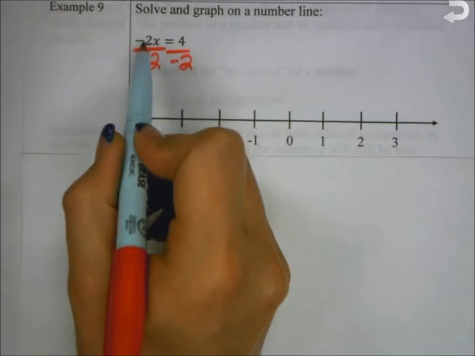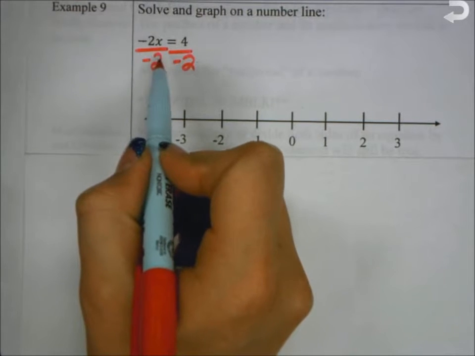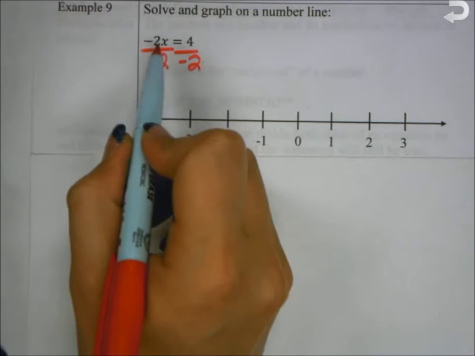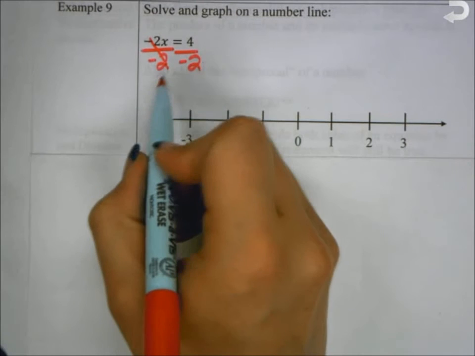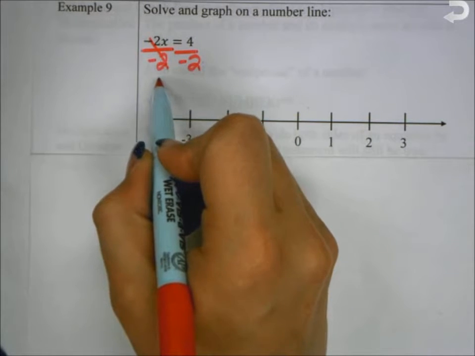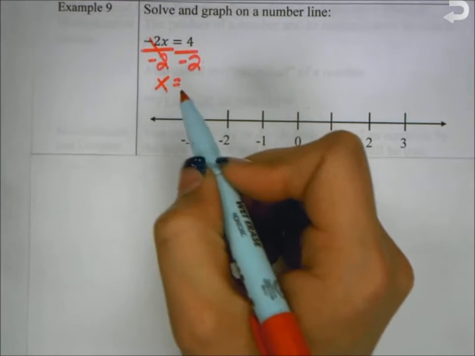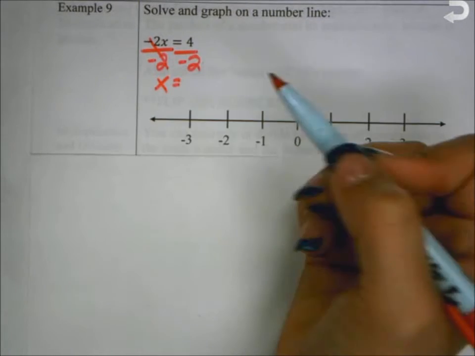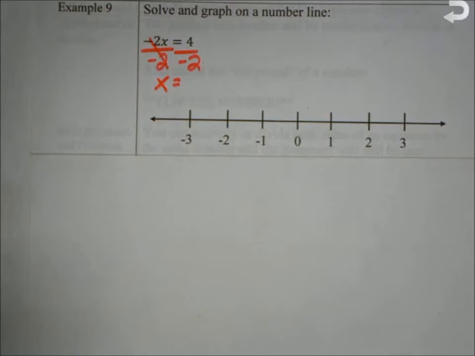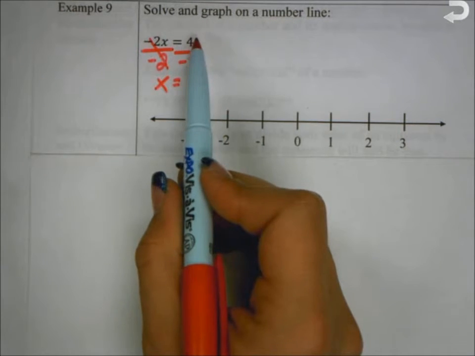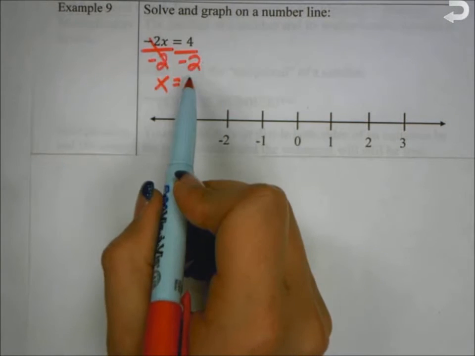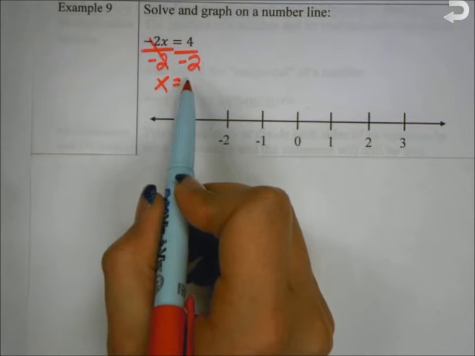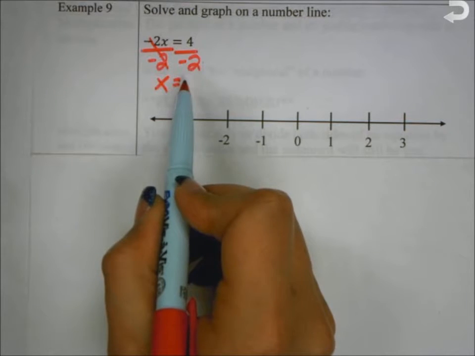X equals what? Alana. X equals what? Positive 4 divided by negative 2? Exactly, negative 2. So we have x equals negative 2.